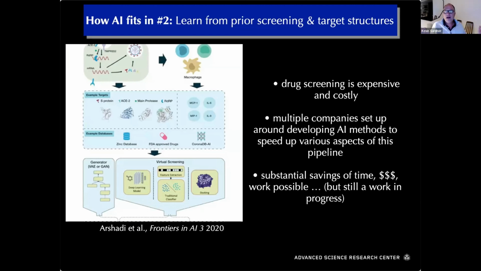Even if AI wasn't perfect, even if it didn't say, hey, this is the drug that you need to screen, just cutting the workload down by tenfold would help. Give it 200,000 compounds and tell us which 20,000 we should look at. Huge chance for a big savings of time, money, work, reproducibility, all kinds of benefits here.